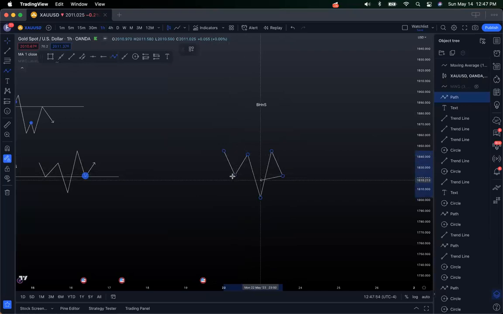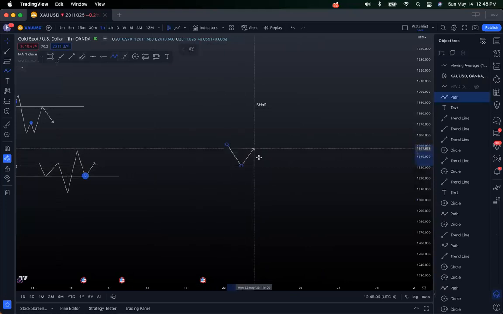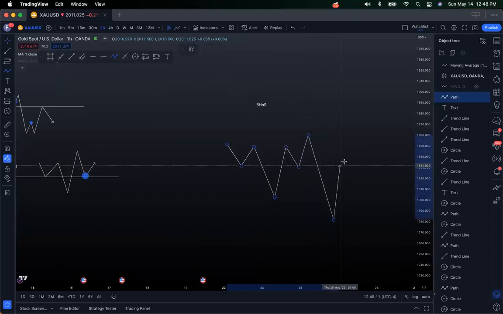In a regular HNS, we want to see price come to this level and then go up.